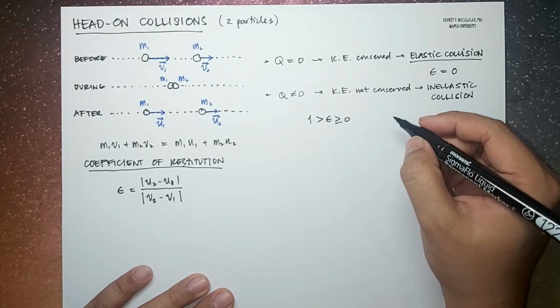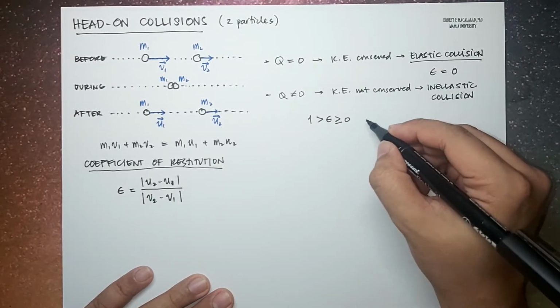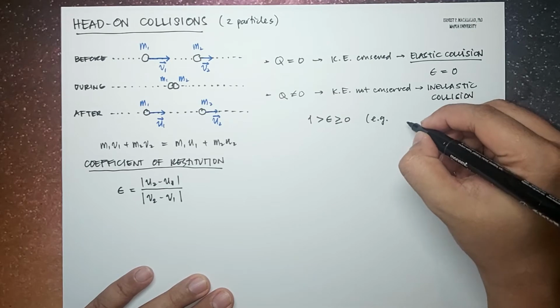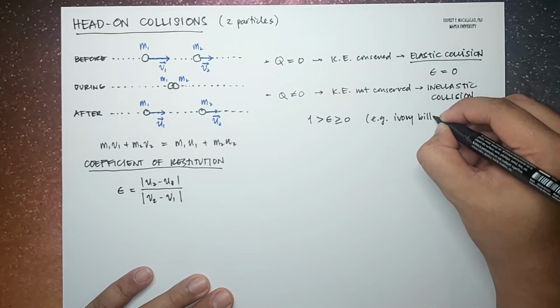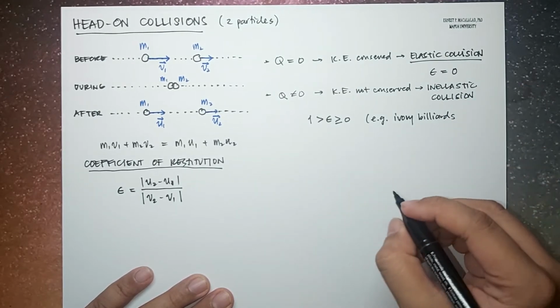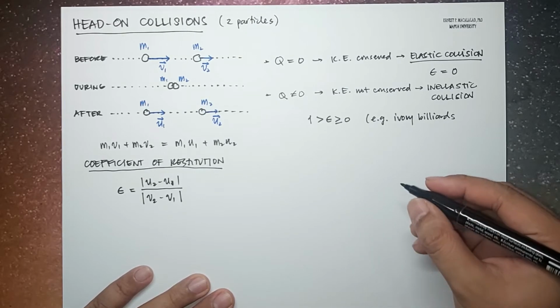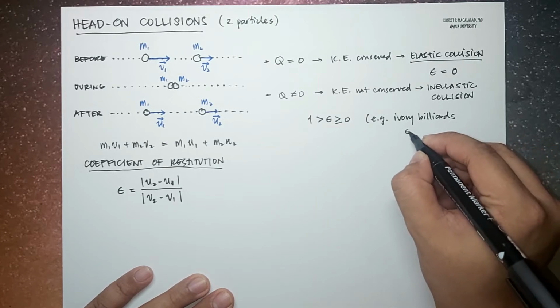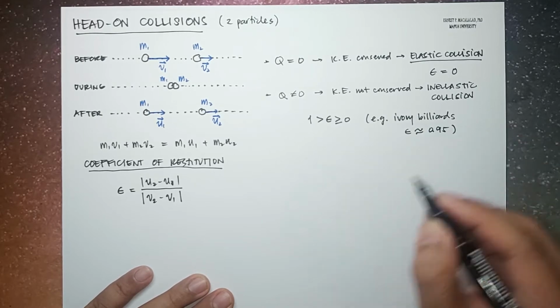As I mentioned before, the value of the coefficient of restitution primarily depends on what kind of particles you have, the material that is being used, or the physical makeup of the two objects. For example, a pair of ivory billiard balls, the ones that you use when you play billiards: if the material used to make those billiard balls is ivory, the coefficient of restitution is about 0.95.